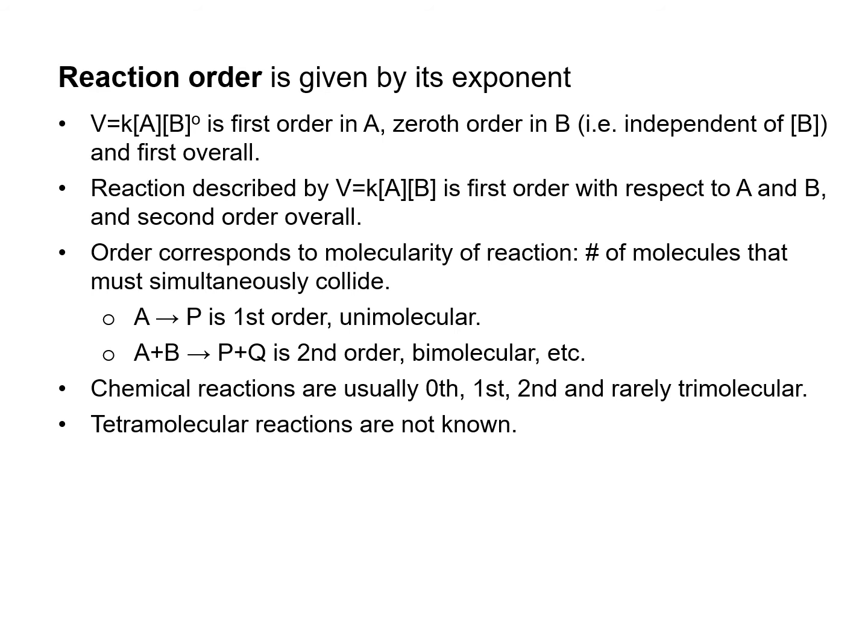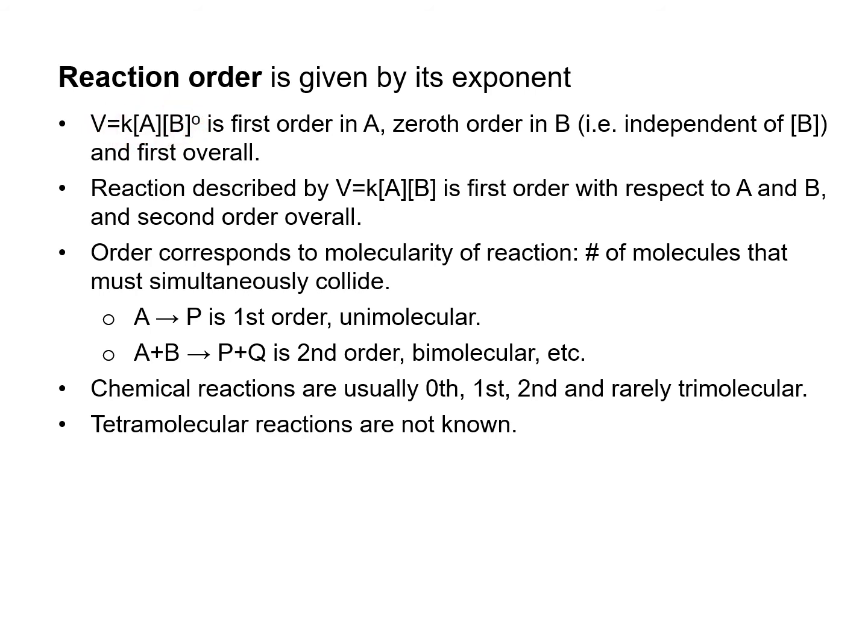So the reaction order is given by its exponent. For the rate, or velocity, V equals k times the concentration of A and B to the 0th, that would be the first order reaction in A, but 0th order in B because the exponent is 0, which means that this reaction is independent of the concentration of B, and it will be a first order reaction overall.